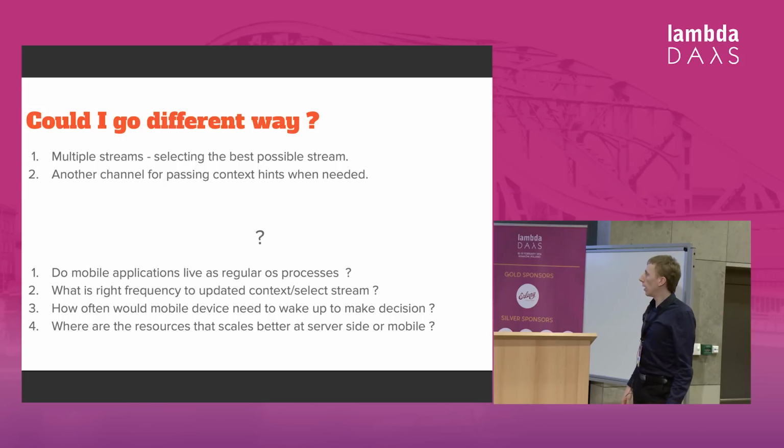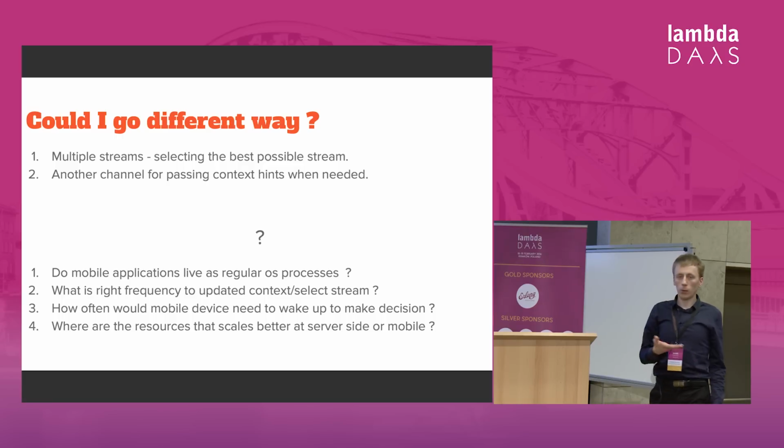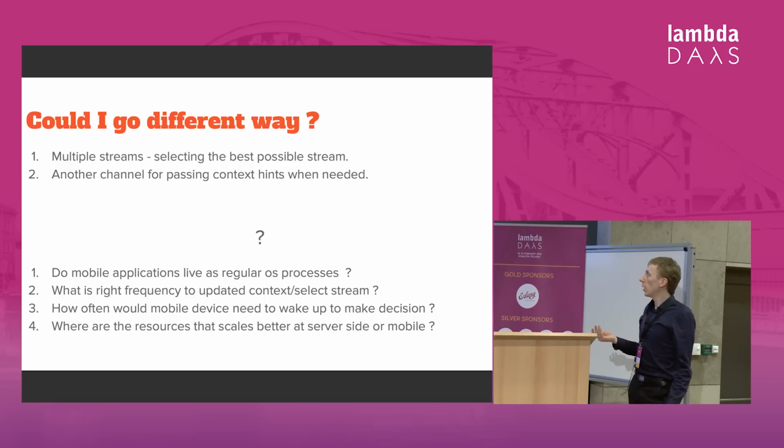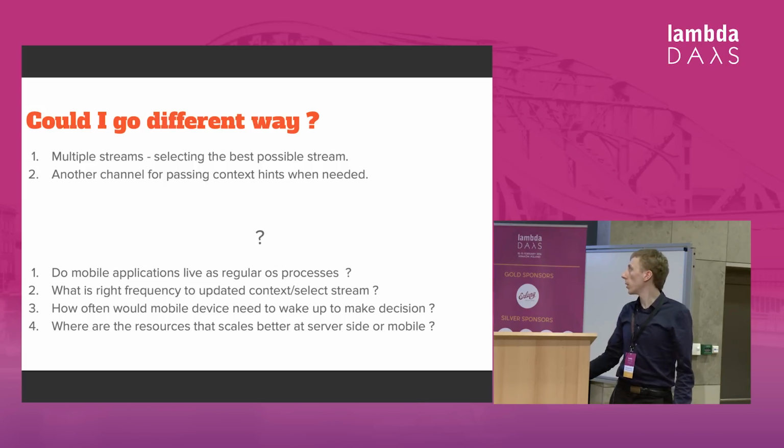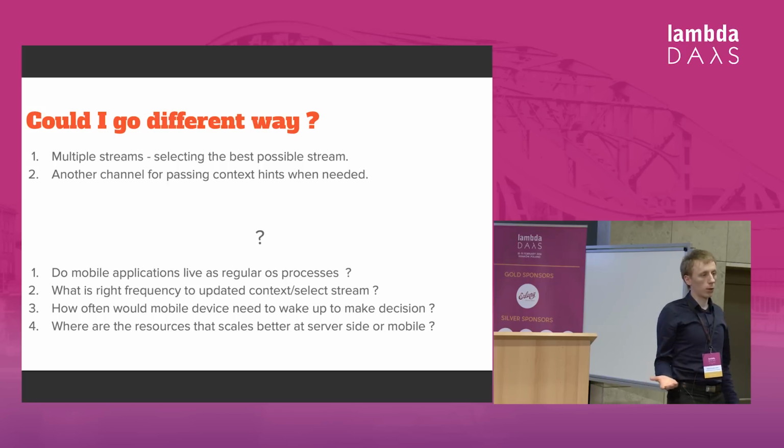So what would be the right frequency to send these updates, if we should select the stream or pass this context information? What should be the rate of the updates? And when should the device make the decision to update the context?